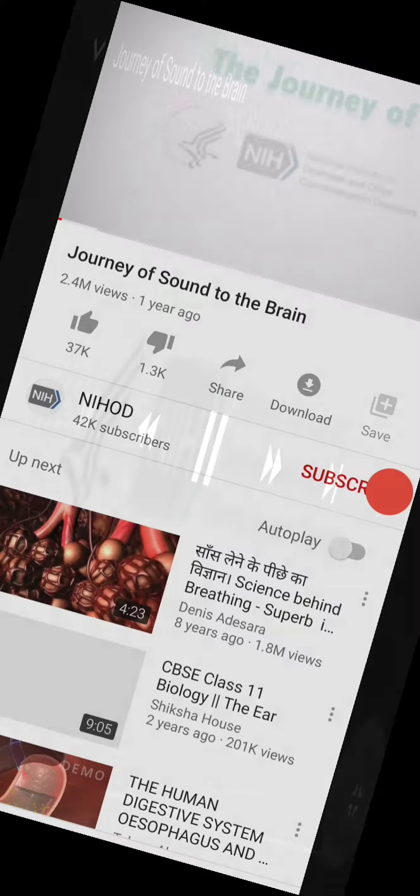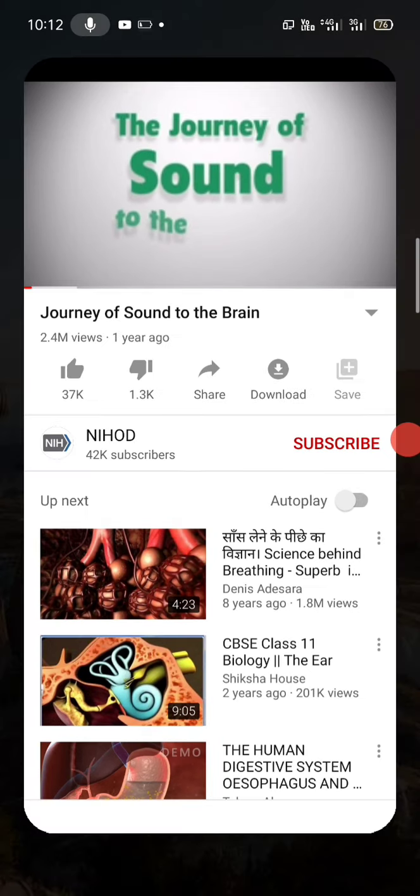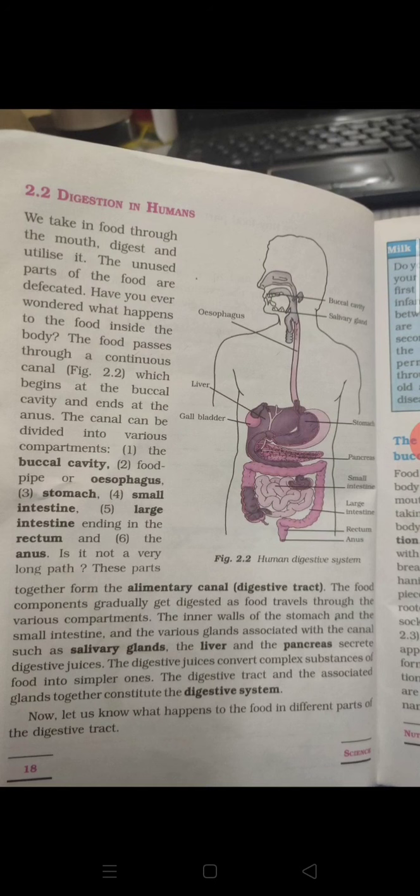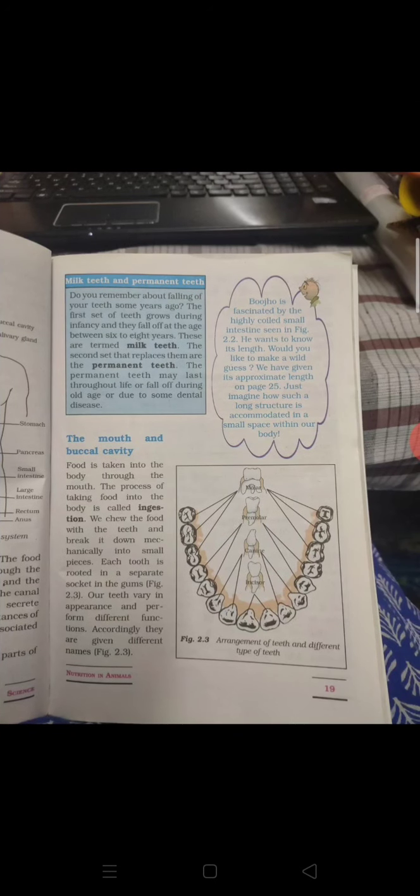So students, after watching this video, you should be able to label different parts of the digestive system, and you should be able to tell the function of each part of the digestive system.